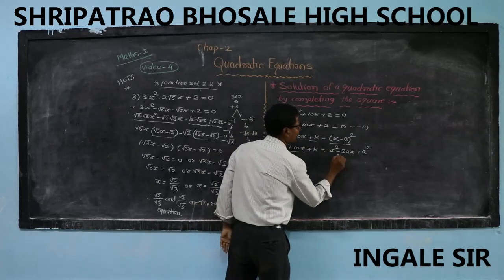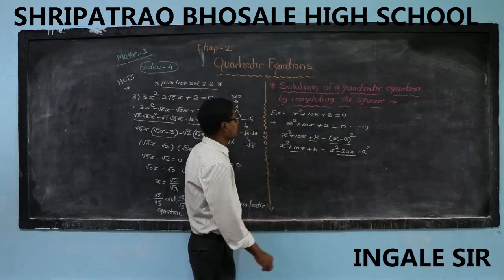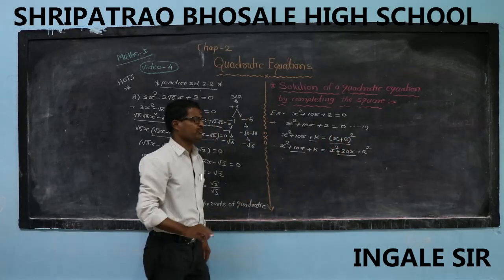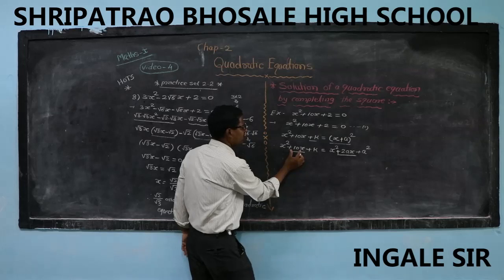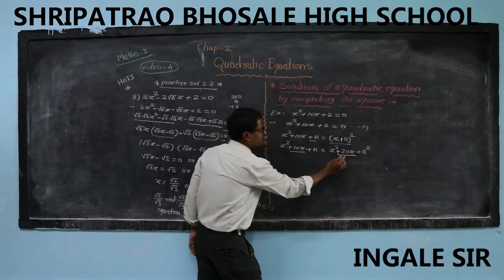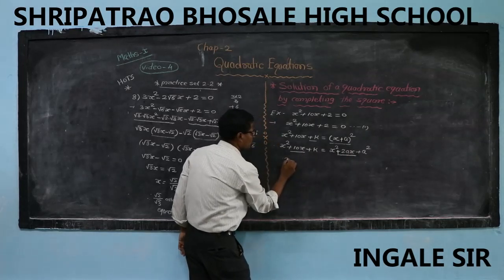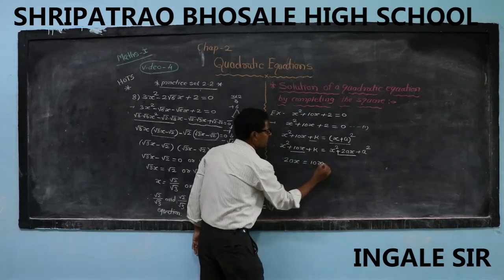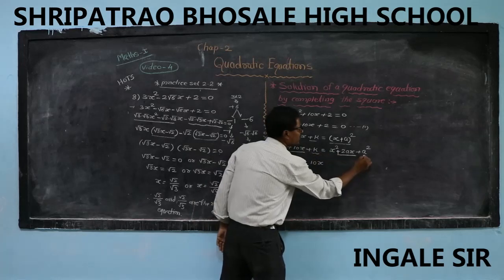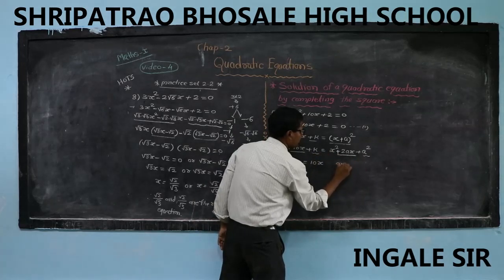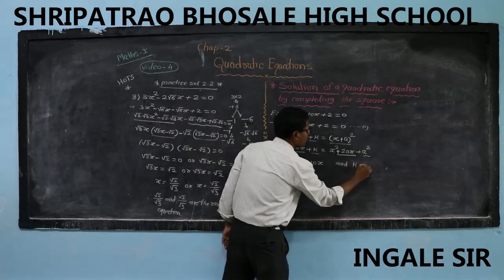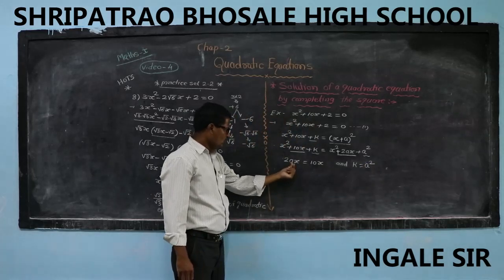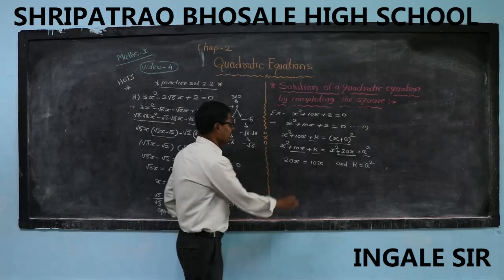Comparing, 2a x is equal to 10x, and k is equal to a². Now we have to find the value of a.